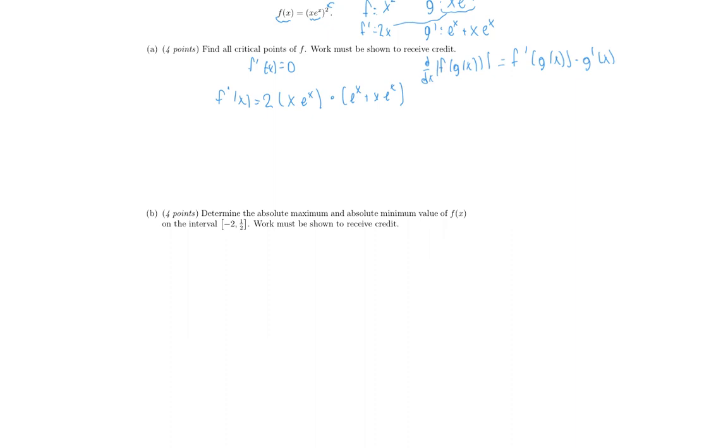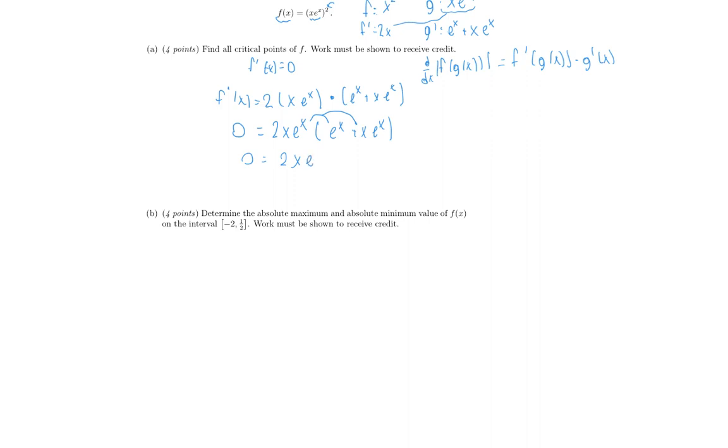And I need to set that equal to 0. So 0 is going to be 2x e to the x times e to the x plus x e to the x. I'm going to go ahead and distribute that. So I have 0 is 2x e to the x times e to the x.